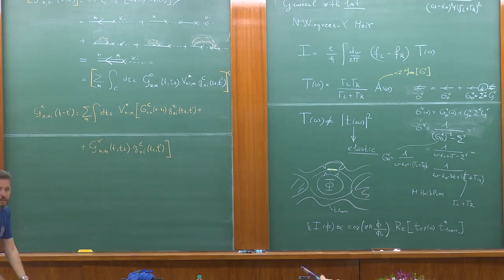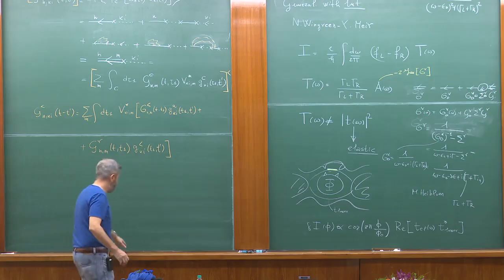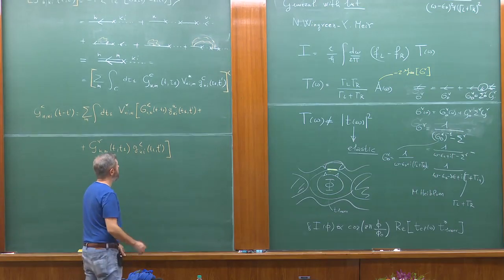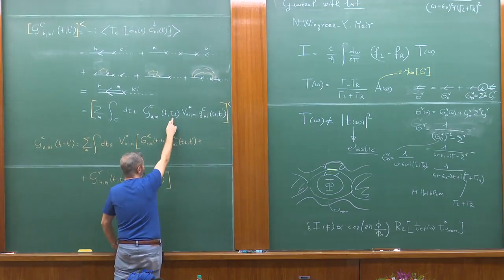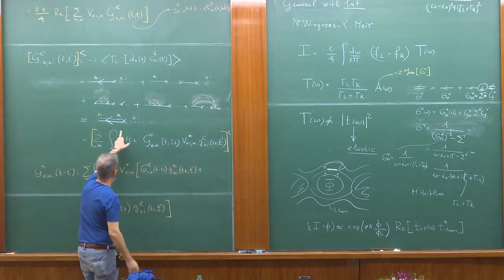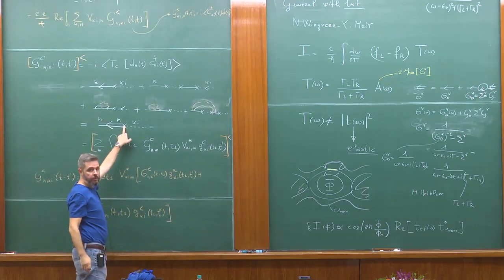Yes? For clarification, why is the integral over tau 1? Why here you have tau 1? Well, because you have this vertex here.